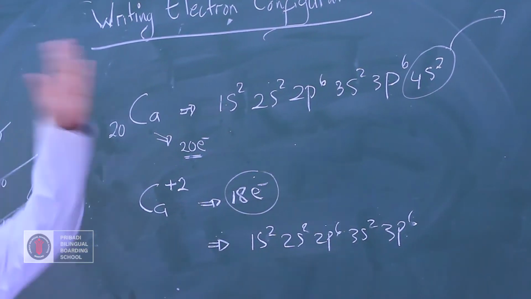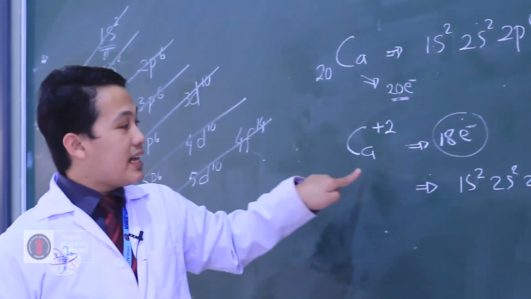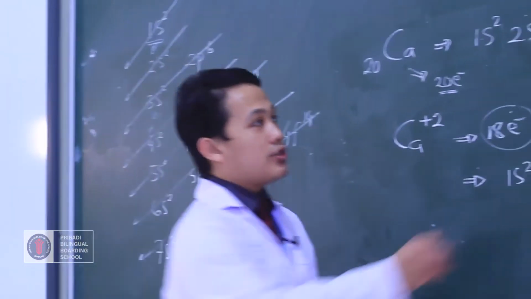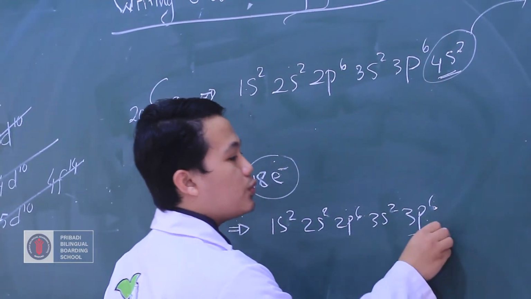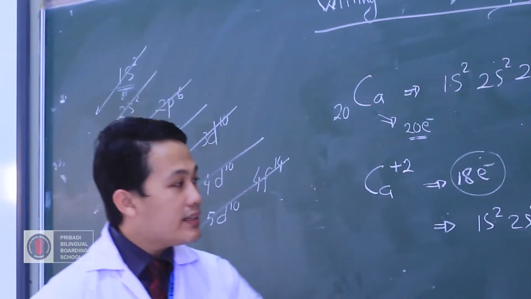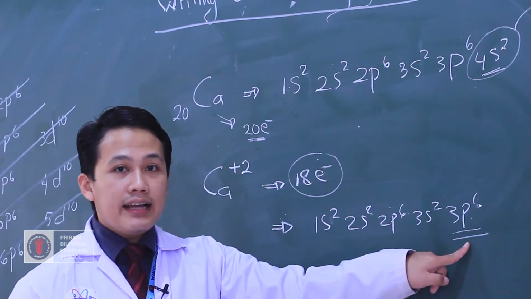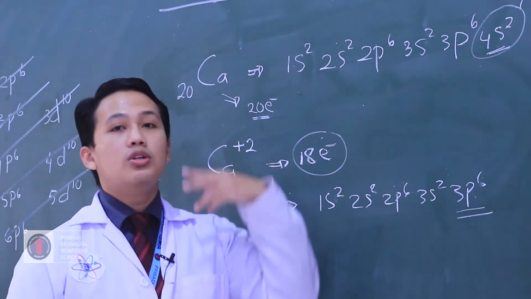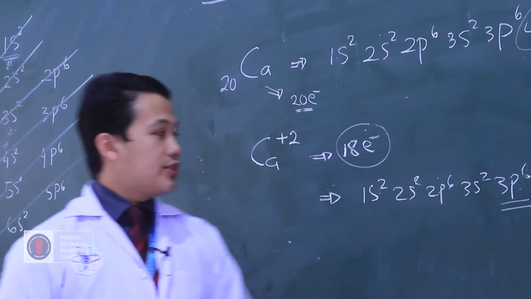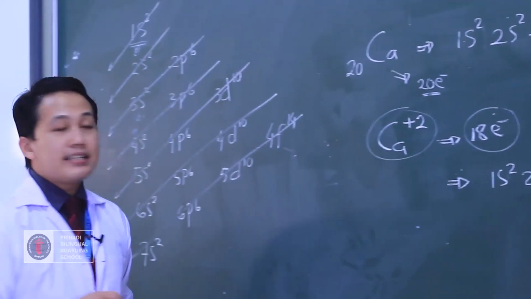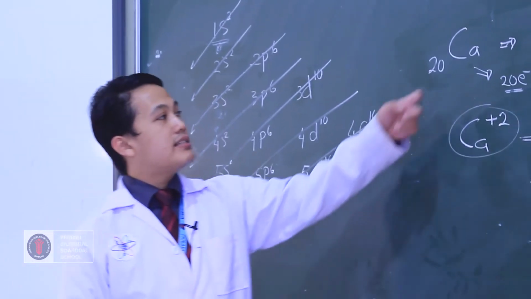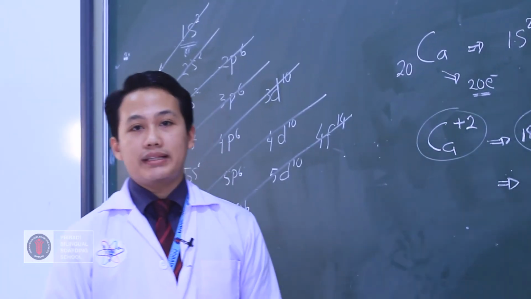It means calcium loses 2 electrons. So for calcium it ends with 4s2, but for Ca plus 2 it ends with 3p6. Why 3p6? Again, it loses 2 electrons already. So Ca plus 2 has 2 fewer electrons than Ca, or calcium 20.